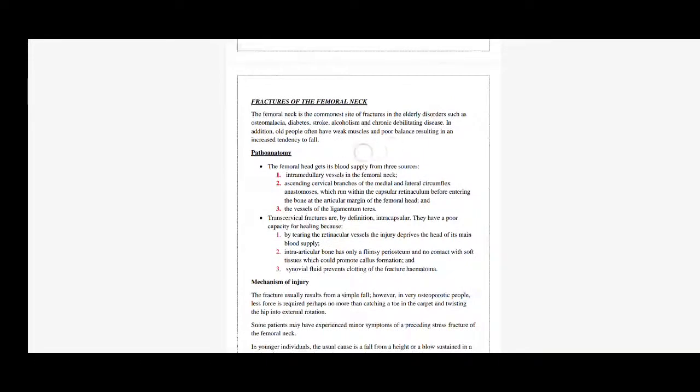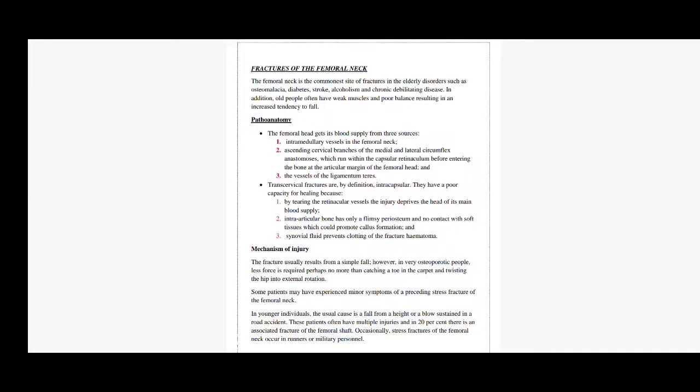Very important things about the pathoanatomy, and why the femoral neck fracture is important. Returning back to the anatomy: the femoral head gets its blood supply from three sources. It's a very important point. Number one, intramedullary vessels in the femoral neck.